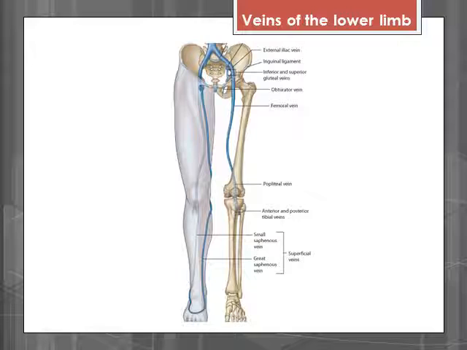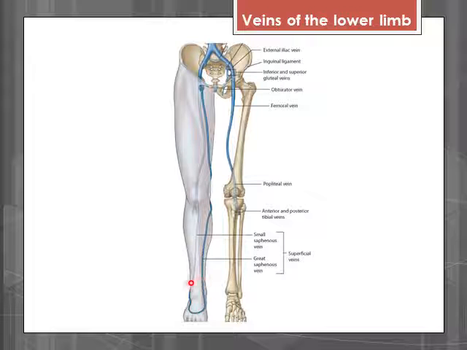The superficial veins that are in the subcutaneous connective tissue are interconnected with the deep veins and actually drain into them. The superficial veins include two major channels, the great saphenous vein and the small or short saphenous vein.